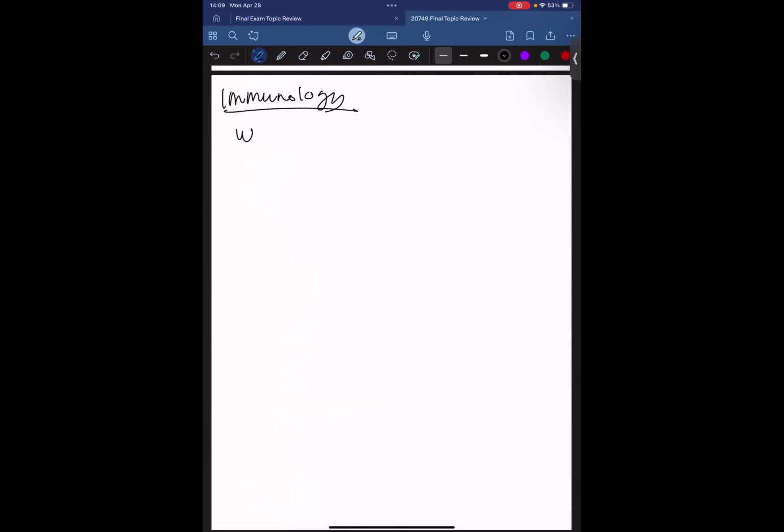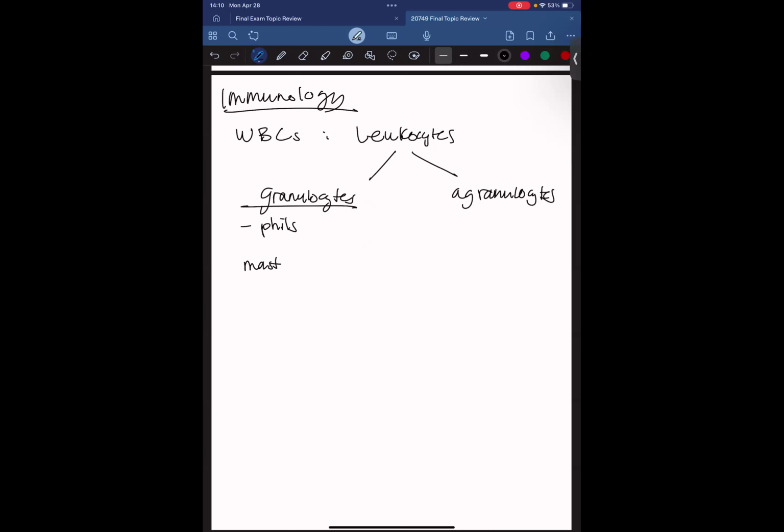What are white blood cells called? What's the correct term? Leukocytes. And we have 2 categories of the leukocytes, the granulocytes and the agranulocytes. What are our granulocytes? The phils and the mast cells.